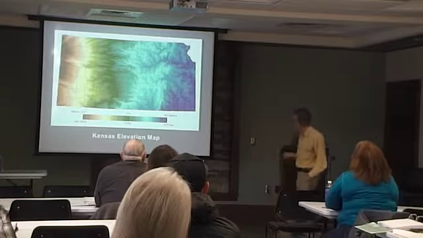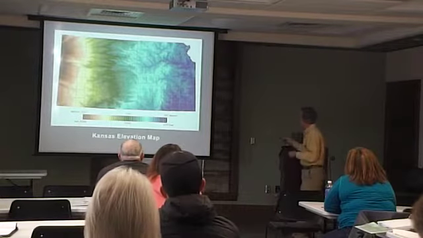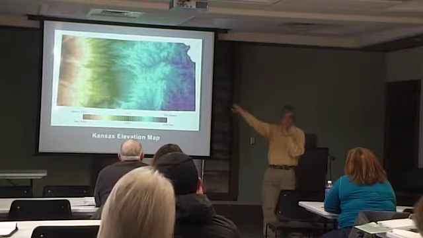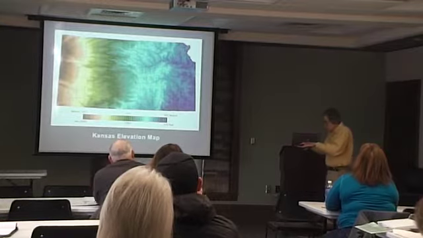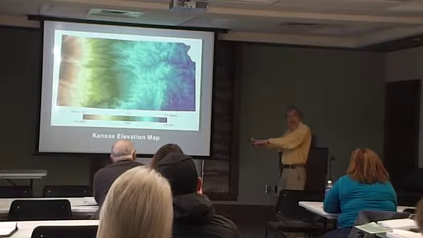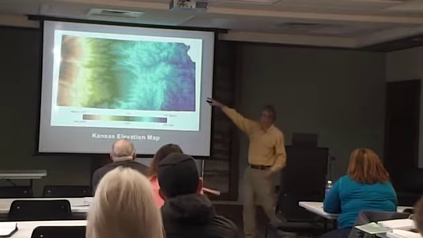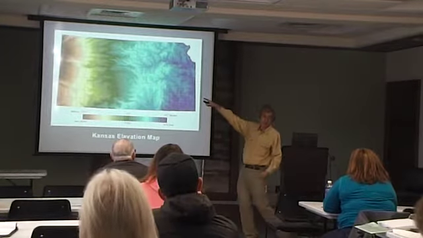So the result is the combination of both increase in elevation as you go west, and the fact that the rocks are slightly dipping west means that as you go from east to west, you're going up section, going to younger rocks. So the oldest rocks in Kansas are right here, the youngest rocks are right here. Okay, so as you go from east to west, you're going to younger rocks.